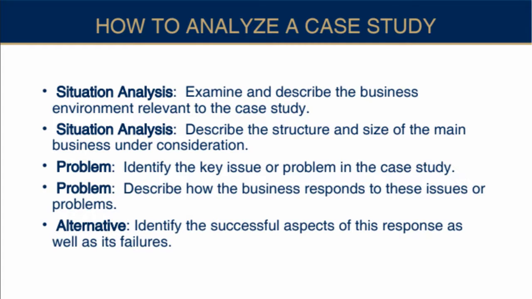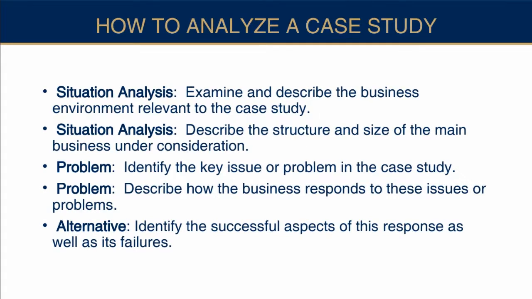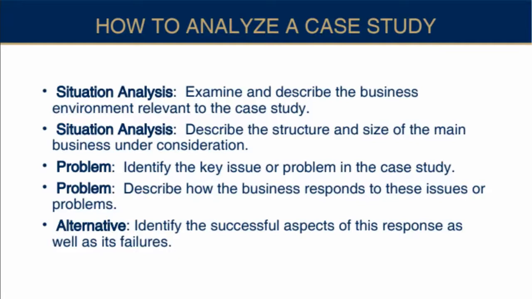By doing so, it becomes clearer when you identify and describe the problem, because you're identifying key issues specific to that problem, in that product, in that company. So again, always keep it simple and focused.